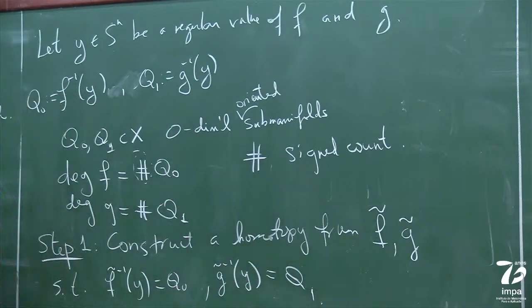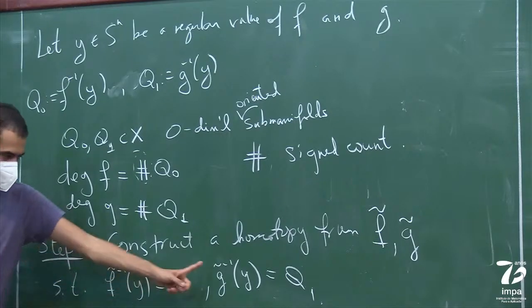So basically I'm going to replace f and g by two other functions that have the same zero-dimensional submanifolds, that have the same preimage of y. And by construction they'll be homotopic.